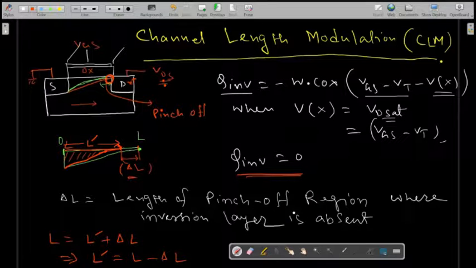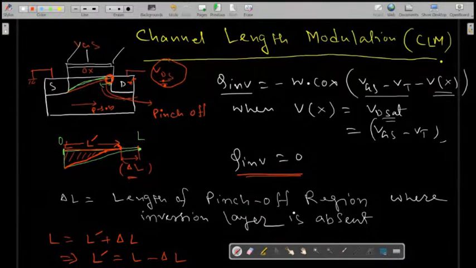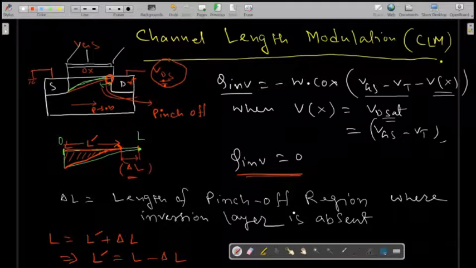When you increase the value of VDS, this junction becomes more reverse biased, so the depletion charge will fill this region. As a result, pinch off takes place and the channel shifts towards the source end. The length delta L will increase slowly when you increase the drain to source voltage VDS.